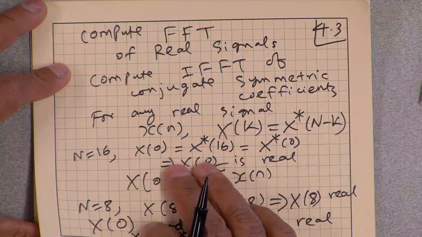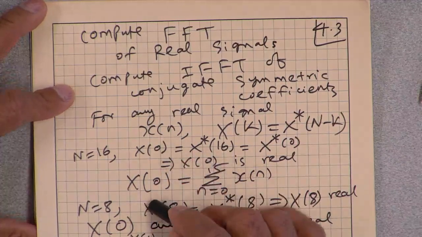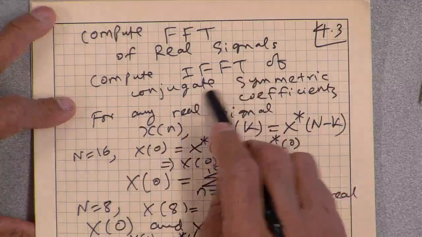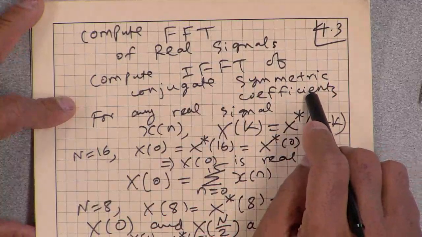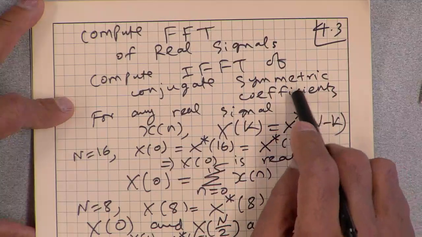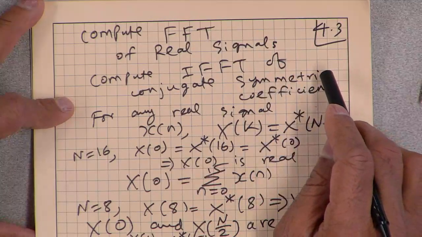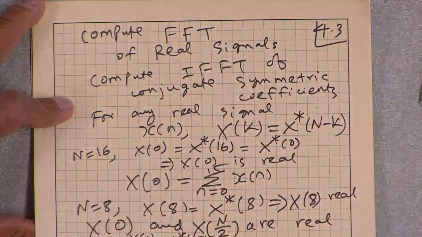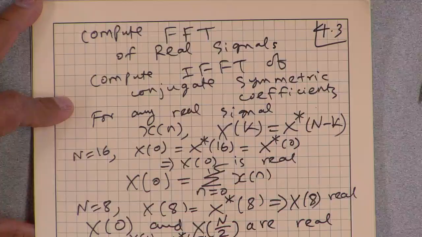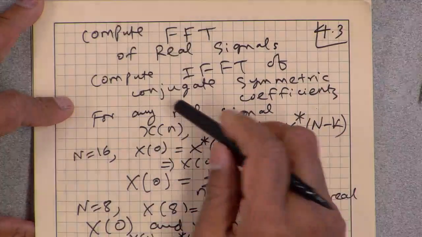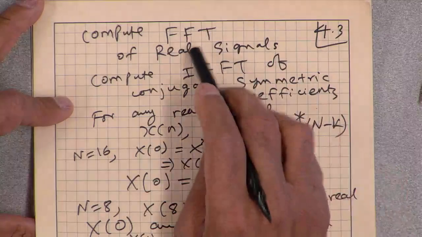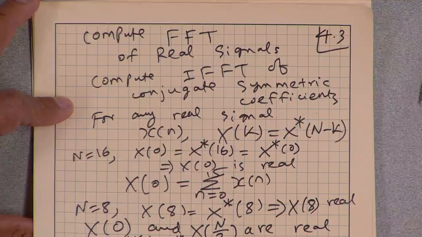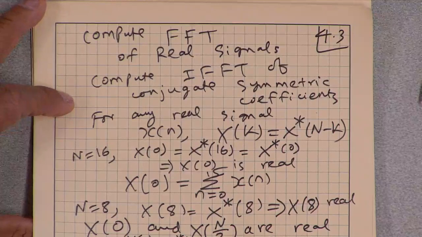So the ADSL modems at the transmitter will compute the IFFT of the conjugate symmetric coefficients and then transmit that. The receiver will compute the FFT of the real signals. So how do those ADSL modems implement the IFFT of conjugate symmetric and the FFT of real signals? If you buy any modem, how do they have those chips implement those things?